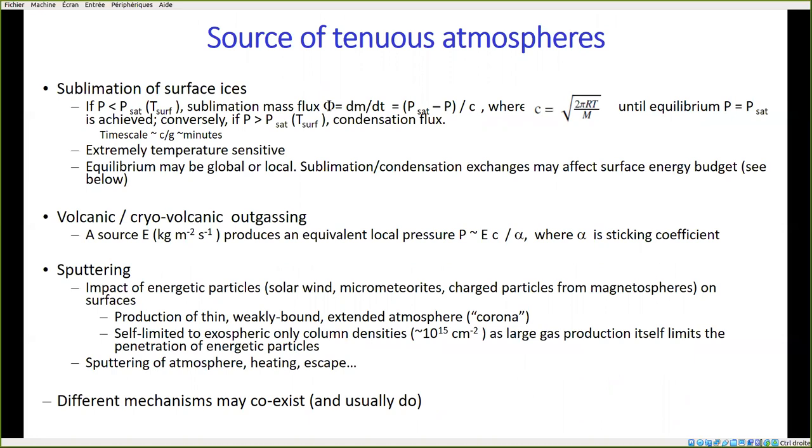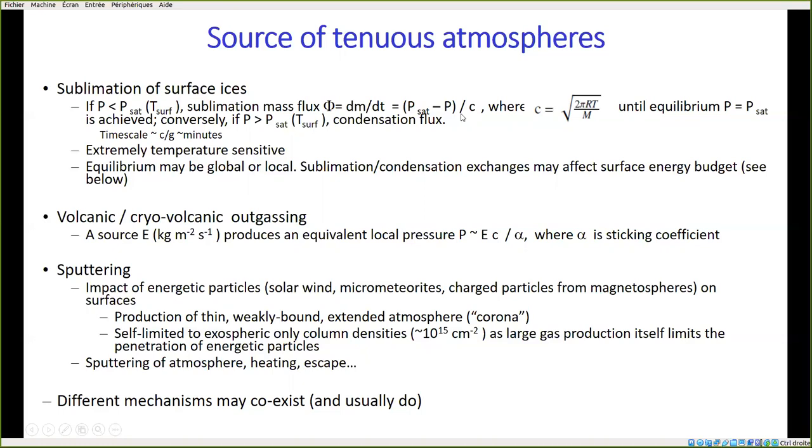So what happens is that in regions where the pressure is less than the vapor pressure value, there is a sublimation flux that depends on the difference between the saturated pressure and the current pressure, and then divided by some thermal velocity, see here.